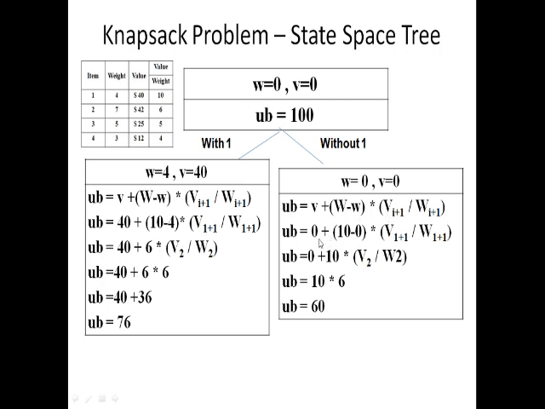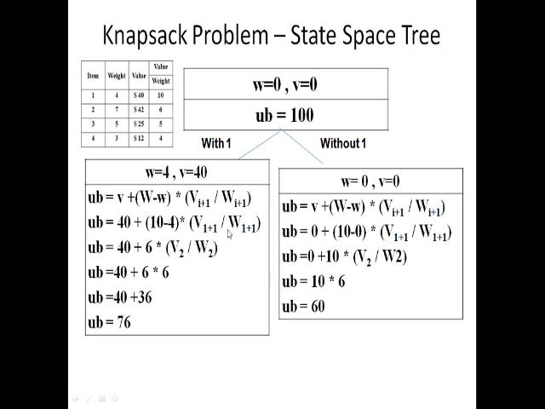Upper bound equals 0 plus 10 minus 0 into V2 by W2, and we got the resultant 6. So 10 into 6 is 60.